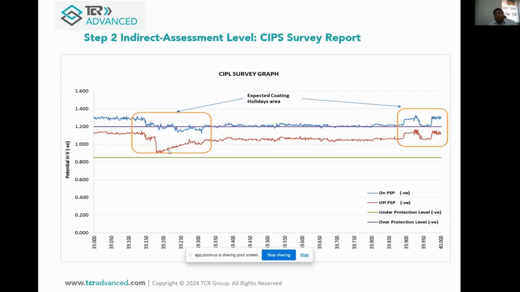So to pinpoint this area, you can do DCVG, which is called direct current voltage gradient, and you can pinpoint the location with the help of GPS to the exact coating defect location, which you can further have a direct assessment on. You can repair that coating defect.